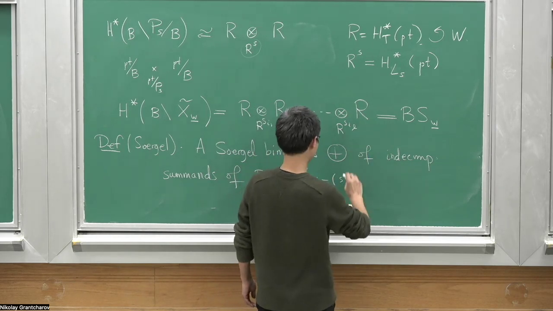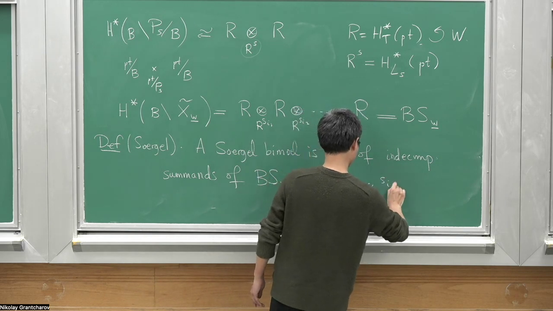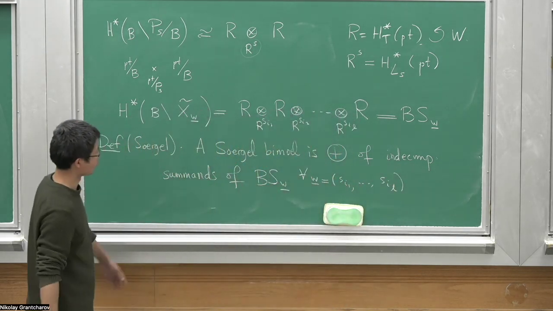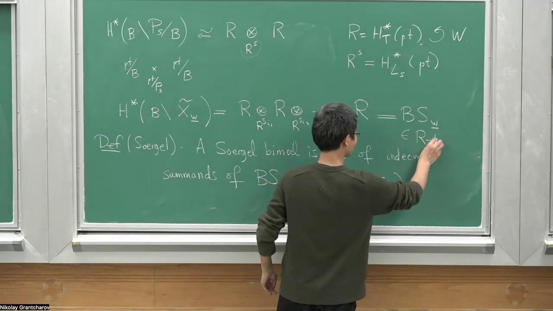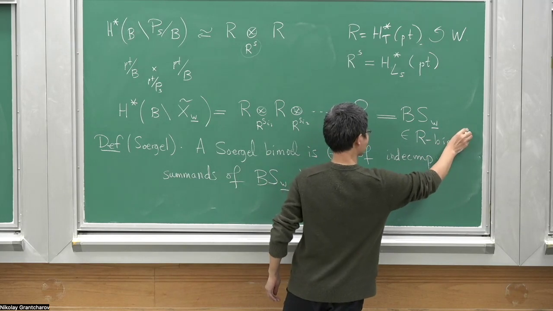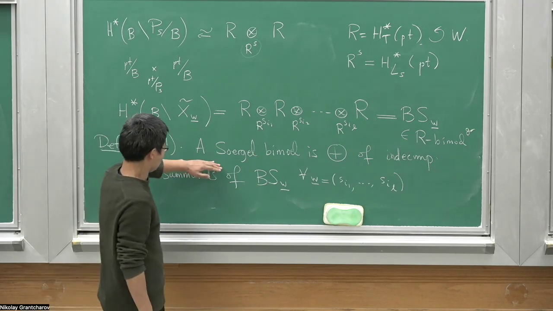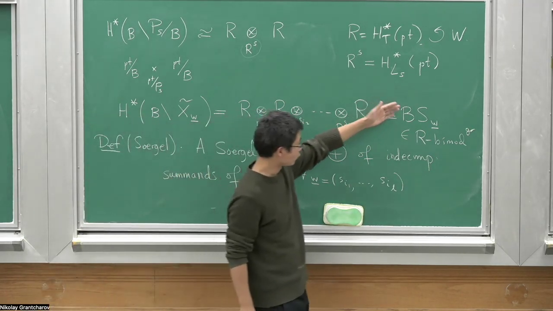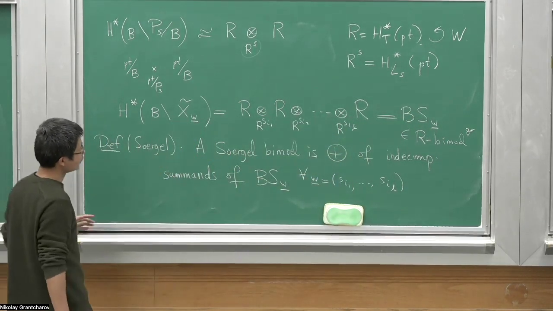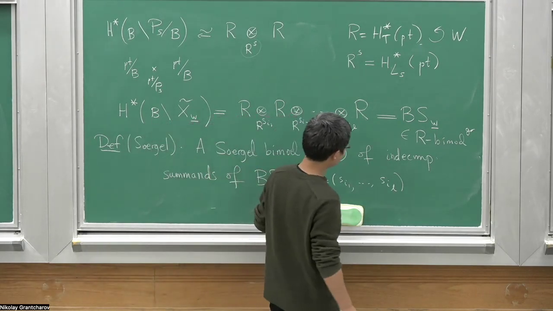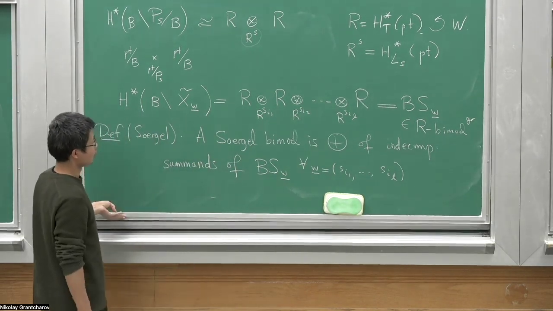Well, you can take it to be reduced or not reduced, it doesn't really matter. For any sequence of simple reflections, you can just write down this R-bimodule. Here we think of it as graded. This in general can be written as a direct sum of indecomposable objects. Again, the general Soergel bimodules are just direct sums of those indecomposables.